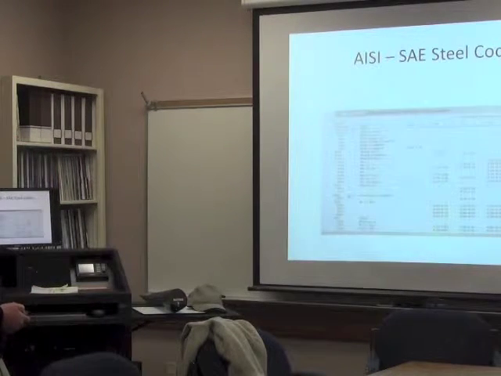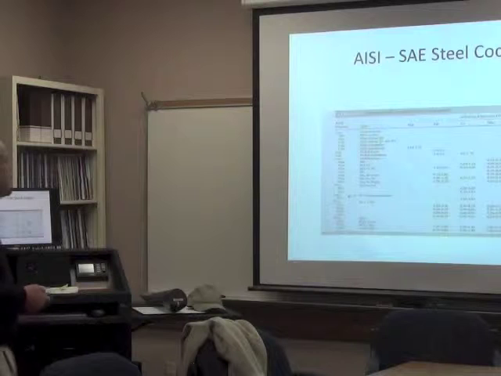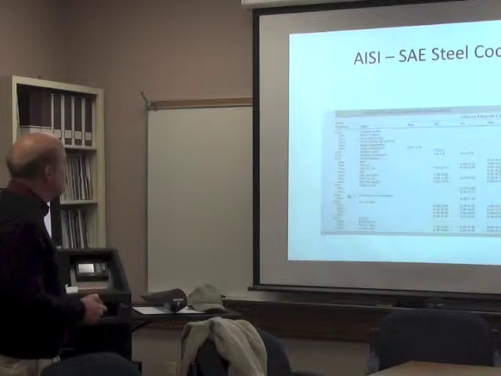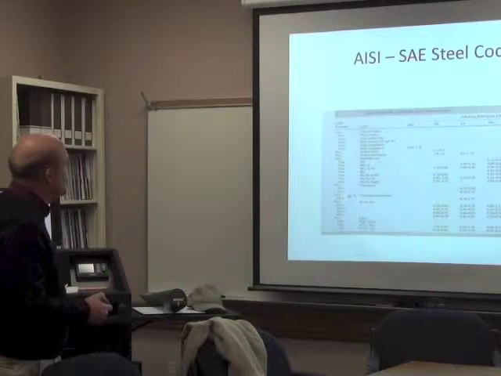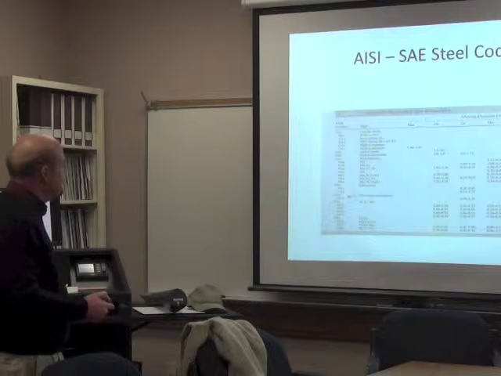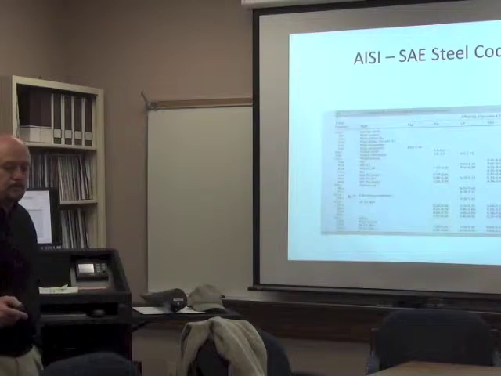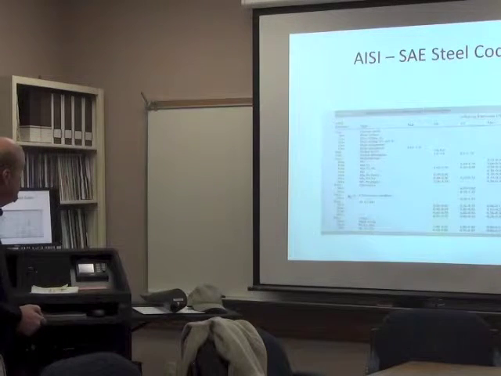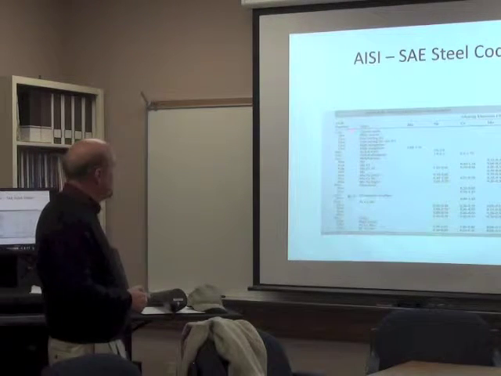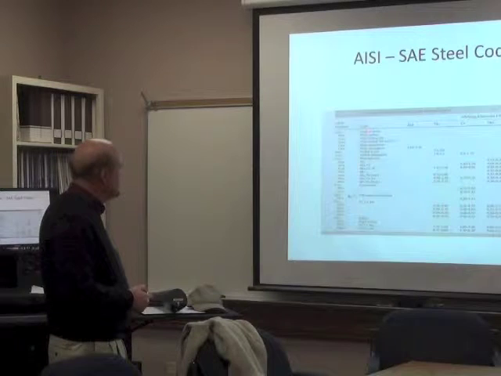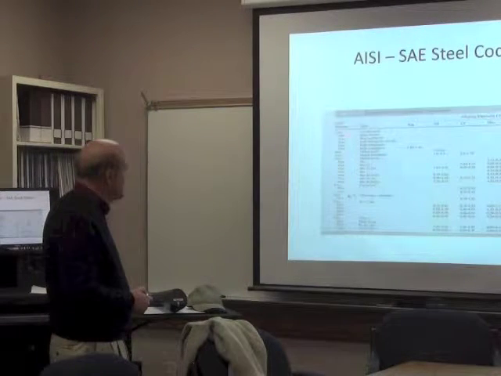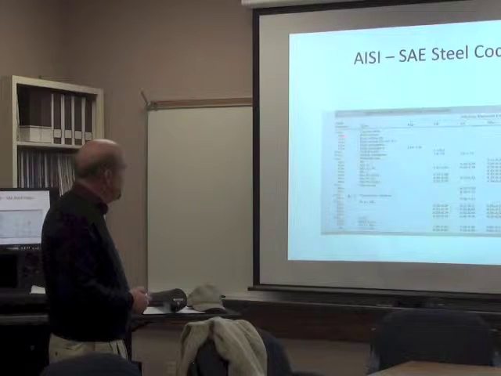Now here, this is the American Iron and Steel Institute coding system, or the Society of Automotive Engineers, and they use different steel codes to designate a steel type. For example, you see here the 1, that's a carbon steel, and then 1-0, that's a plain carbon steel, and then you see 2 digits there that are left open here.